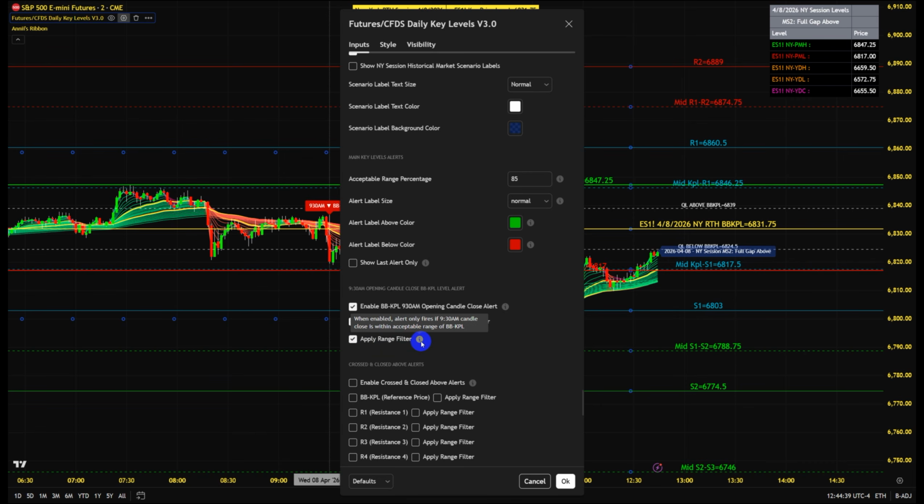So the purpose of the BBKPL 9:30 a.m. opening candle close alert is to alert you to either a bullish or bearish trade signal for that opening candle. The purpose of the range filter, which you can see here, is set to 85.